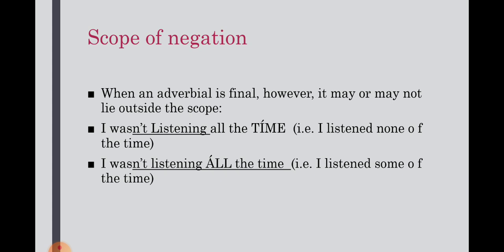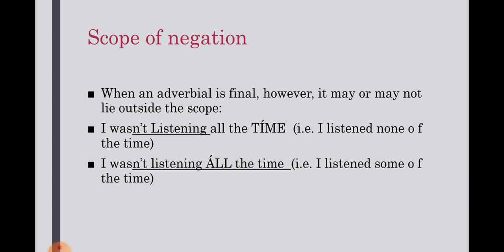So, I wasn't listening all the time. Here the scope of negation is limited to the word not and the word listening. So we negated the process of listening. So I listened none of the time.